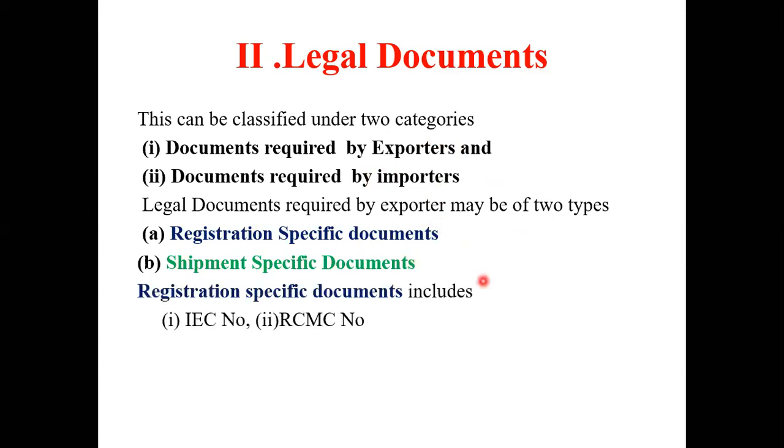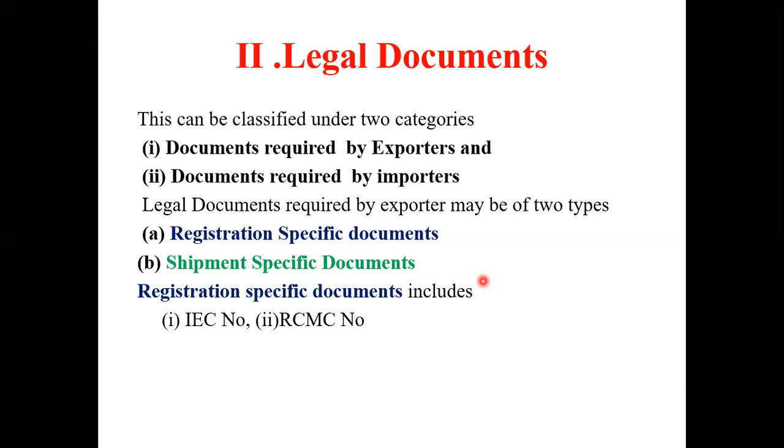Now what are the registration specific documents? I have told you these include the documents required to become an exporter or to register as an exporter. In the export procedure also I mentioned that two things are very important. One is the importer exporter code number, or you can say the IEC number.